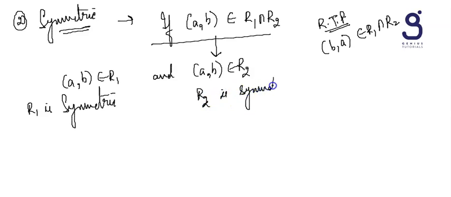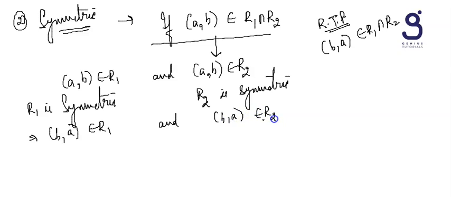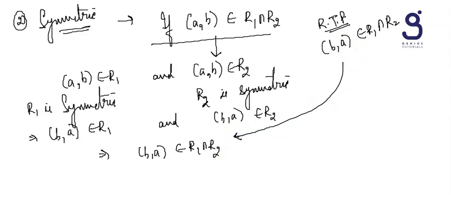So if R1 is symmetric, this implies that (b, a) should belong to R1 and (b, a) should belong to R2. That means (b, a) should belong to R1 intersection R2. That's what we need to prove here.